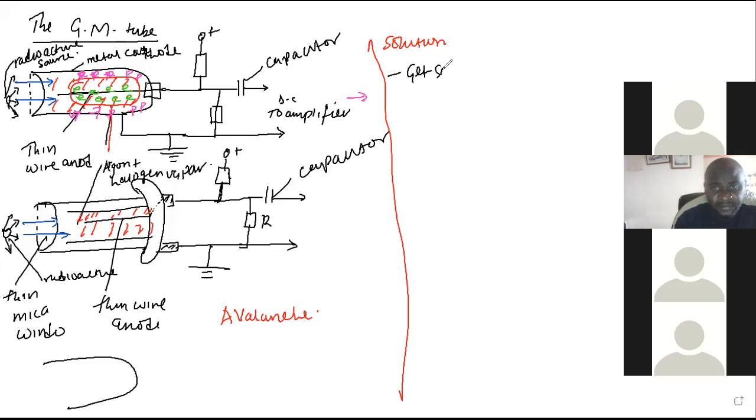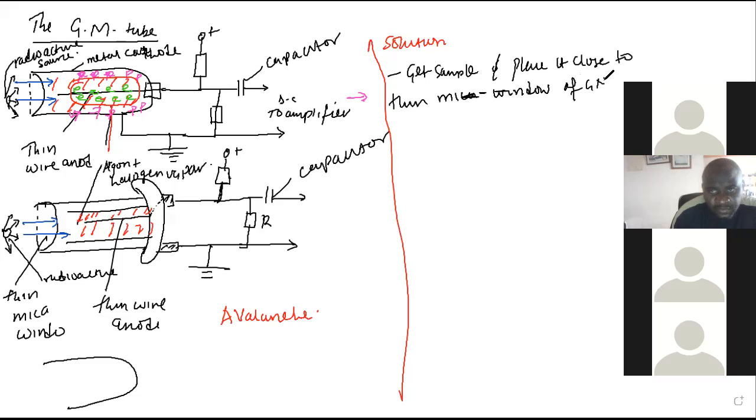Get the sample and place it close to the thin mica window of the GM tube.